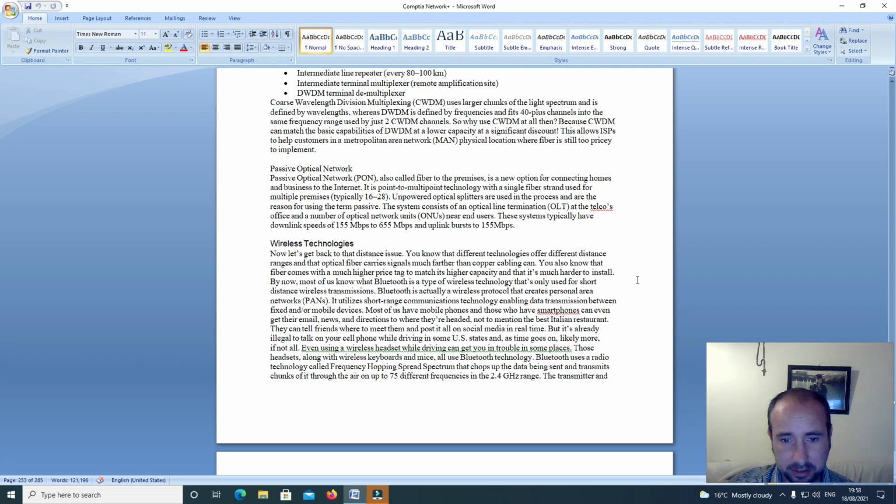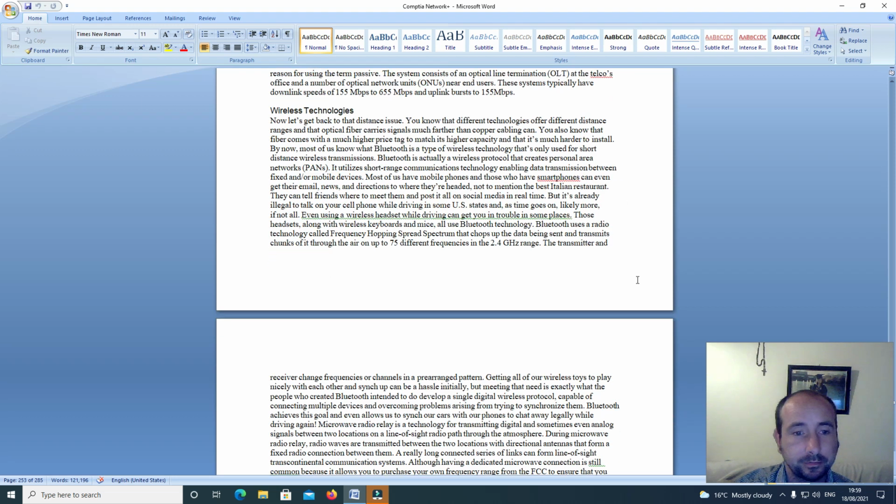The system consists of an optical line termination (OLT) at the telco's office and a number of optical network units (ONUs) near end users. These systems typically have downlink speeds of 155 to 655 Mbps and uplink bursts to 155 Mbps.